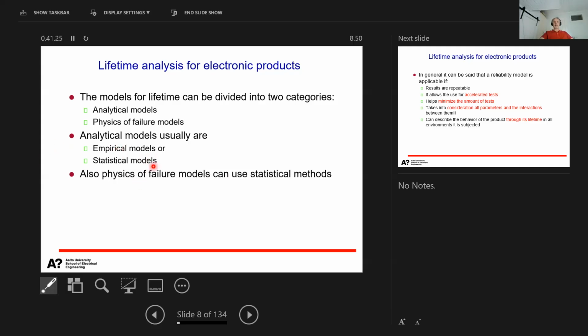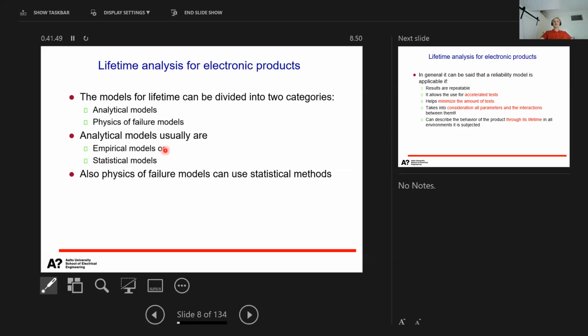Or it can be a statistical model. So we are doing testing, and then we see that we change that parameter, like again, the tensile stress, and then we see that statistically this stress has this kind of an effect on the strength or reliability, and then we form a statistical model.